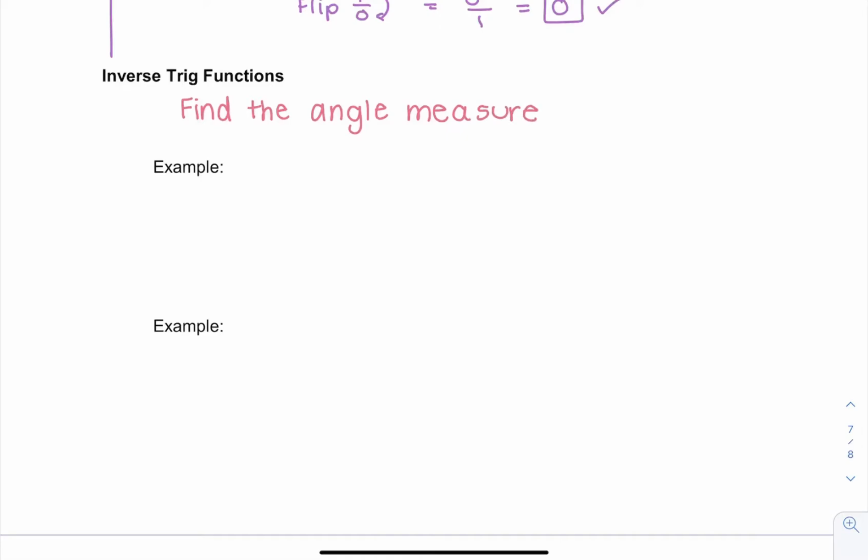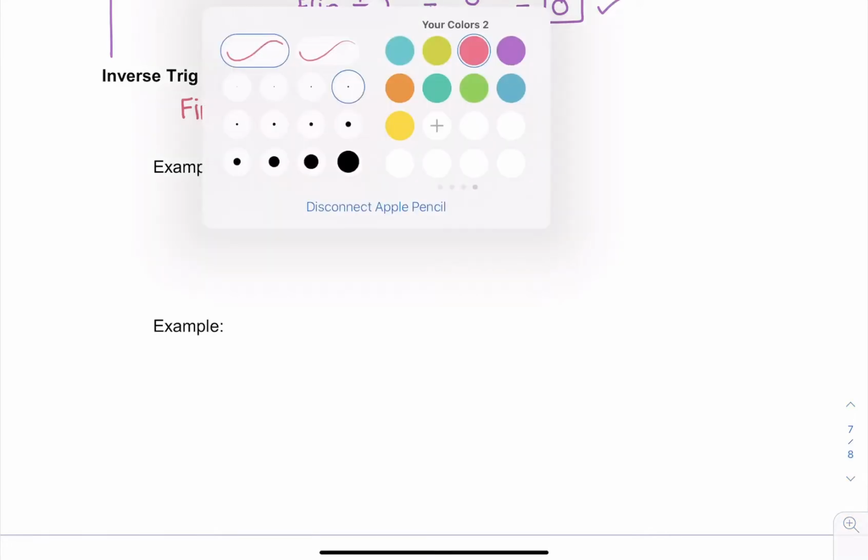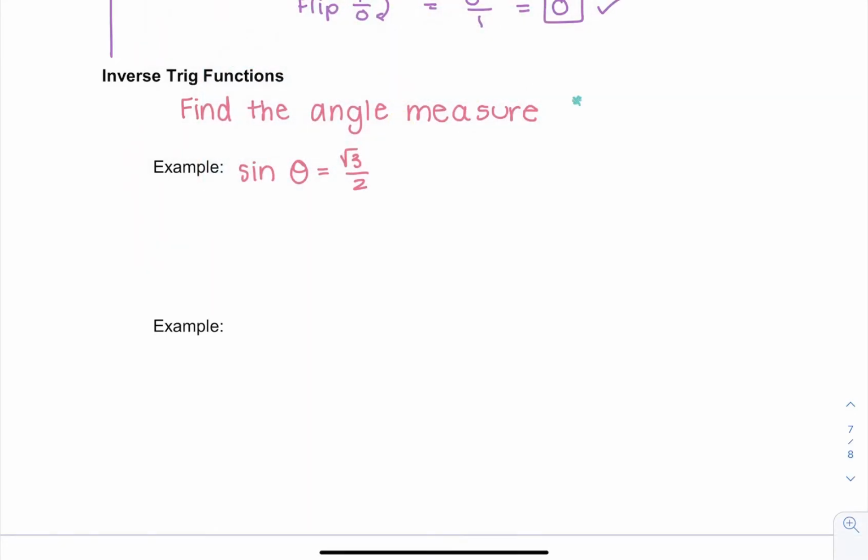So a problem like this might look like sine of theta equals square root of 3 over 2, and usually it's between 0 and 2 pi that I'm interested in all the angles. Now, when you plug these in on your calculator, they're only going to usually give you one answer. So a lot of the times with these, you're going to end up with 2 different answers.